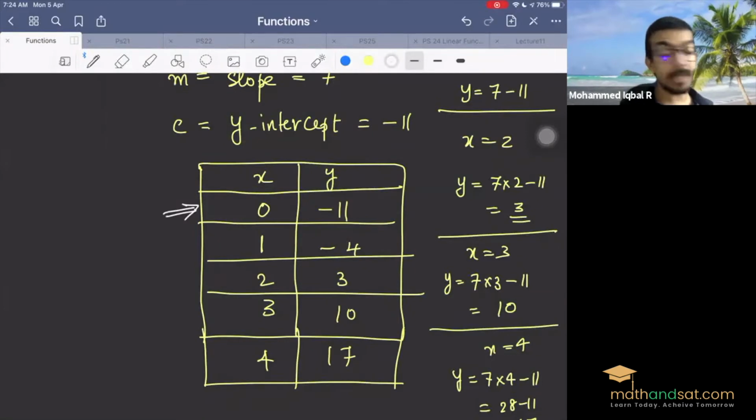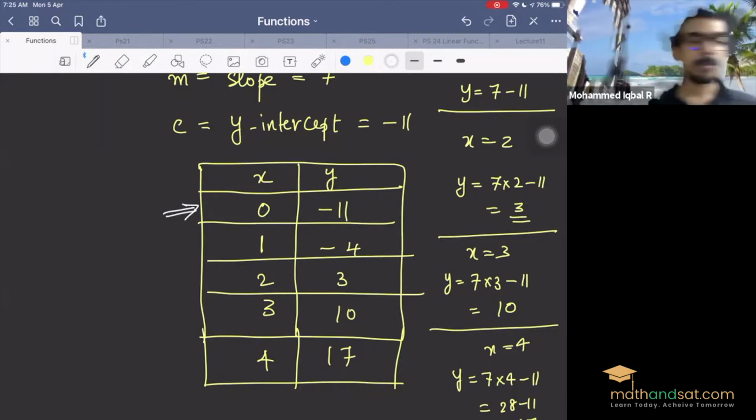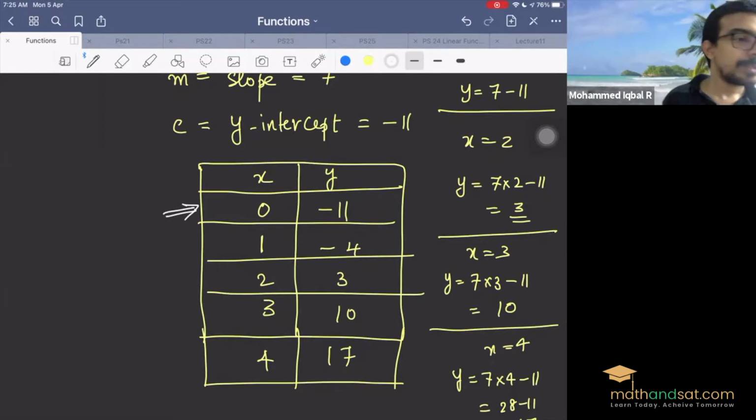There is something very remarkable about these numbers. Can you tell me?